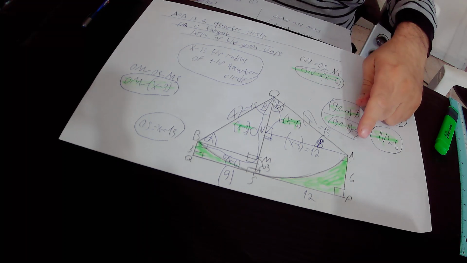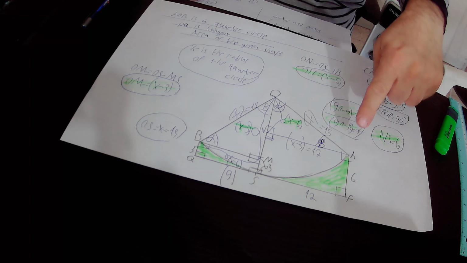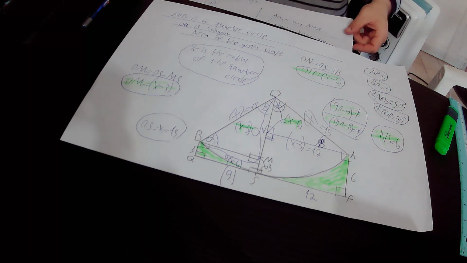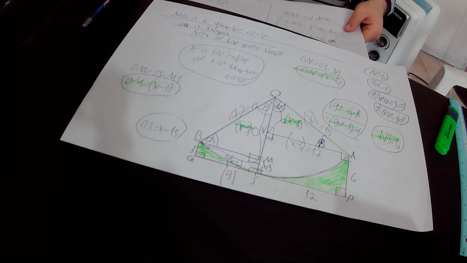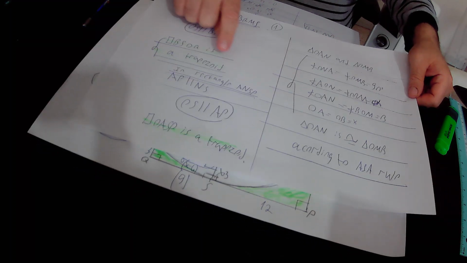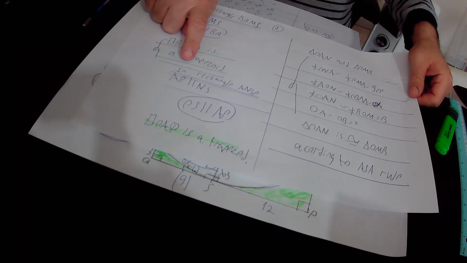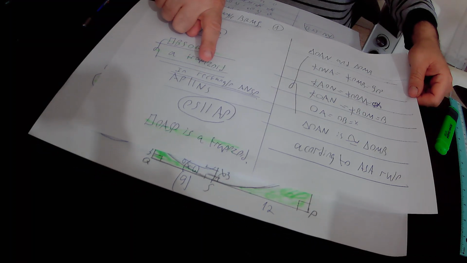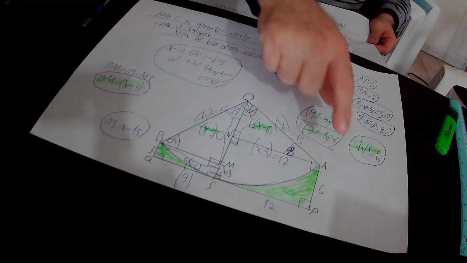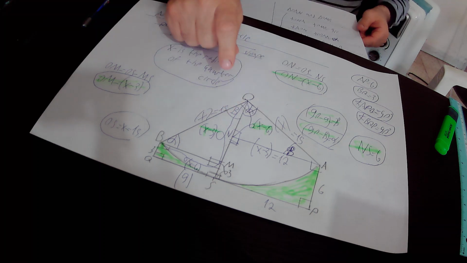In rectangle ANSP, side AP is parallel to the opposite side NS. So AP is parallel to NS.